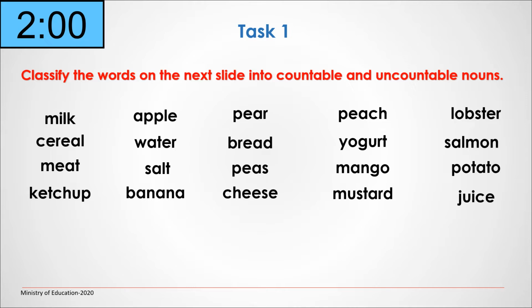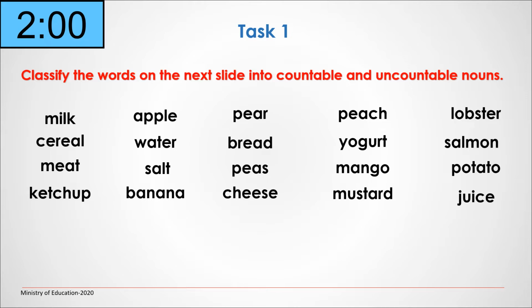Task 1. Classify the words on the next slide into countable and uncountable nouns. Before classification, we will go through the types of food together. Let's read them together.